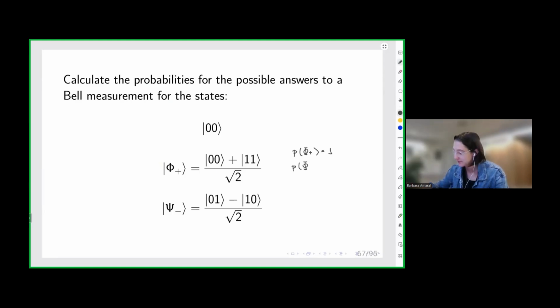It doesn't matter, okay? The others are 0. And here, the probability of psi minus equal to 1. The other 3 are equal to 0.